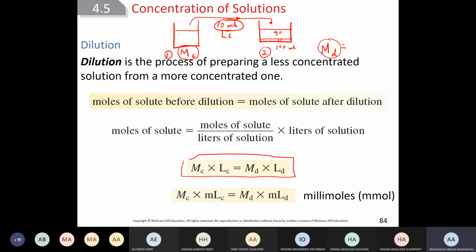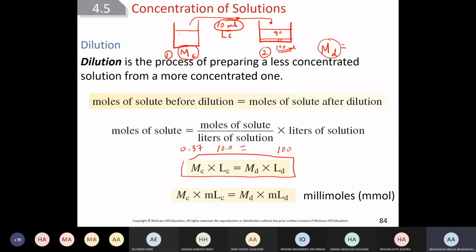And I made the volume 100, so what's this 100? LD.